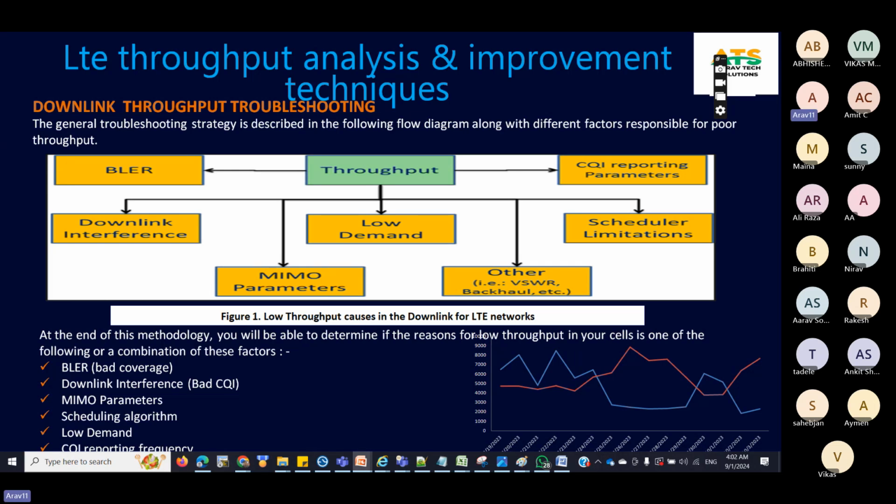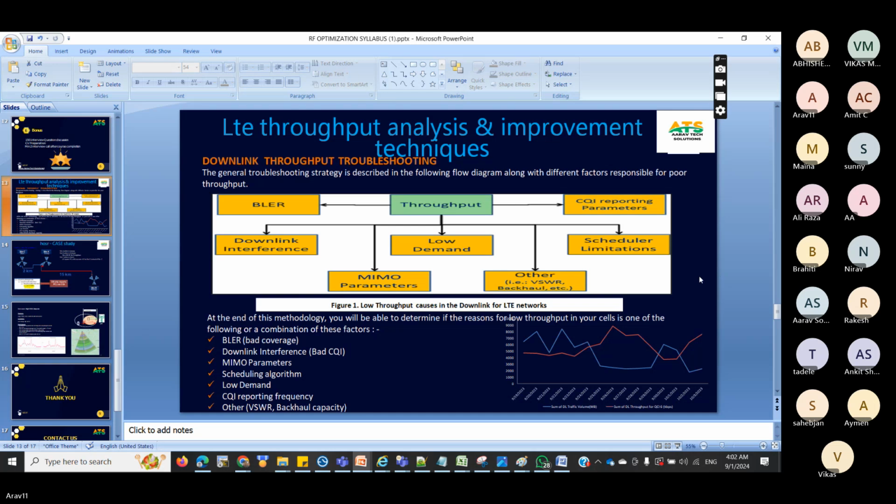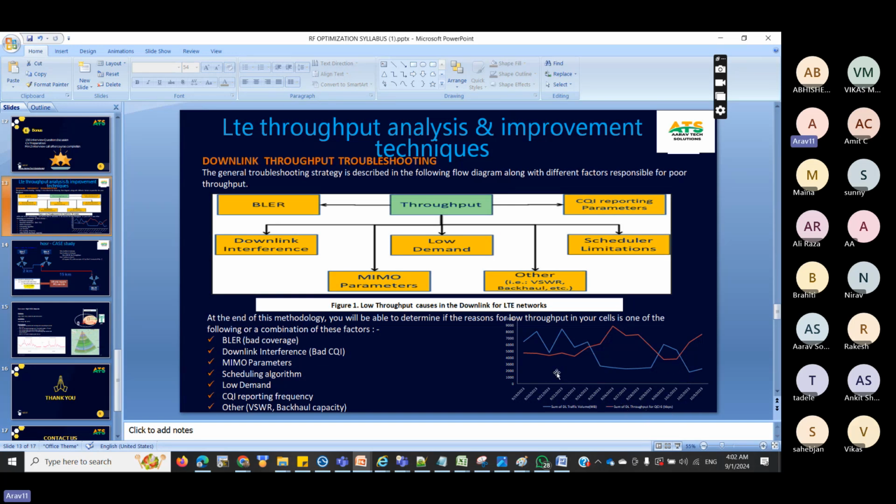Here is a case, you are able to see. The blue one is your traffic volume, and the red one is downlink throughput. You are able to see after 24, what happened? Your traffic volume reduced and throughput increased.